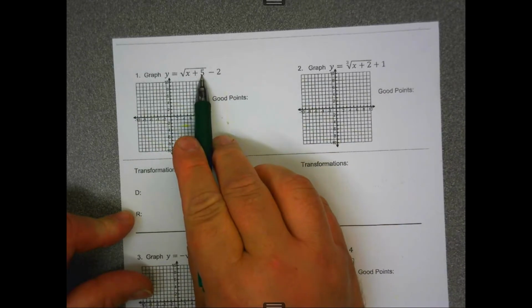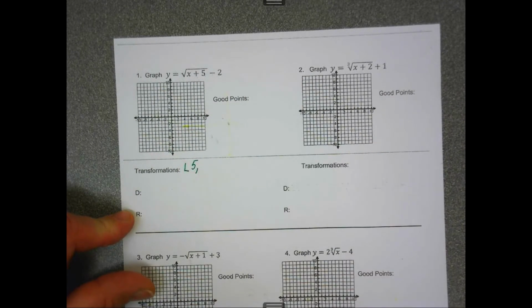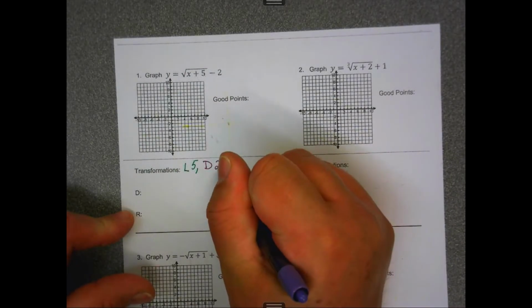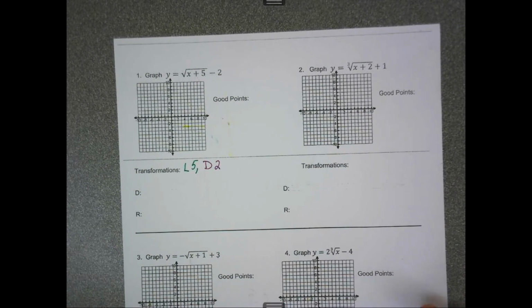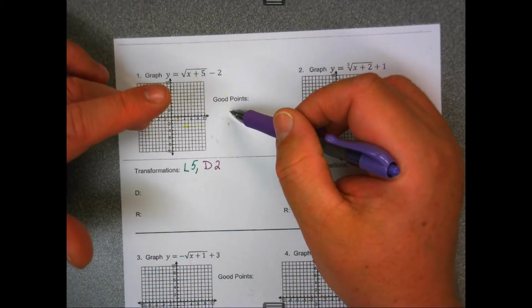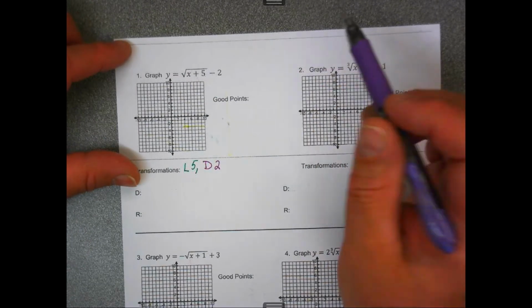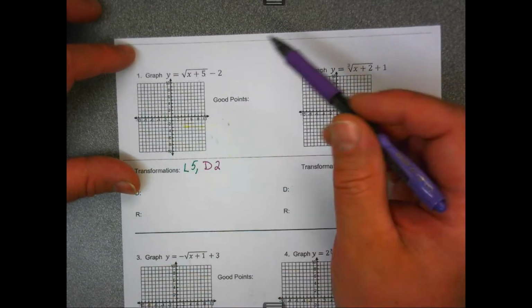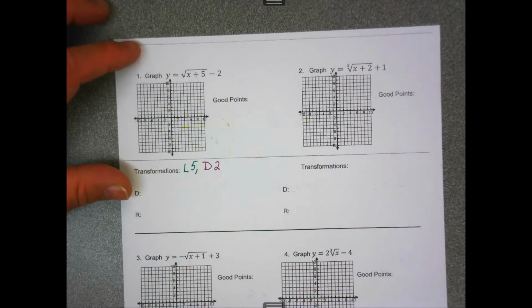And then down 2. Now you can do this one of two ways. You can put it in your calculator, get some good points, and sketch a graph. Or, again, this is a square root, so it's even kind of easier to do just on the graph.